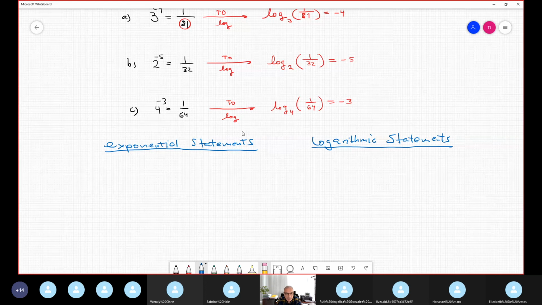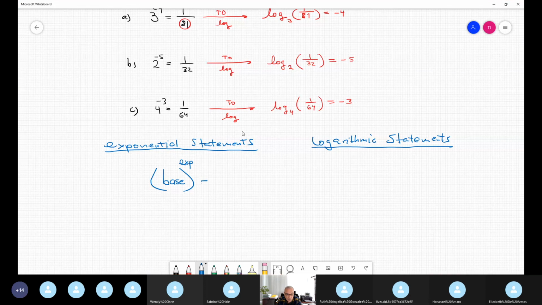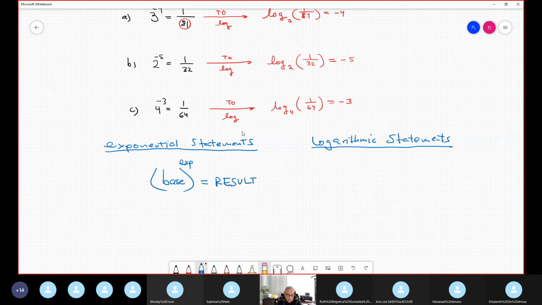In the exponential statement, we have a base, which is a number. We have the exponent, and the answer I want to call result. I call it result because it's the result of the exponential statement.